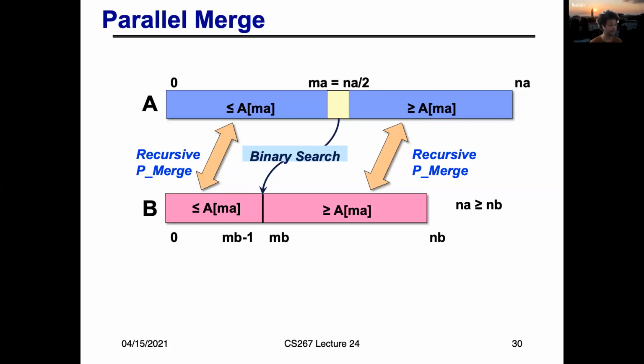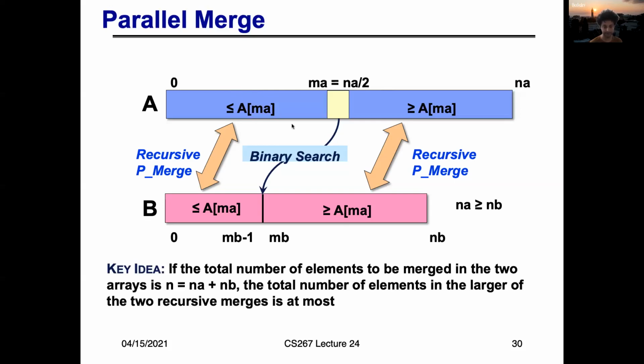How many elements am I able to discard at each step? Actually, I'm not discarding anything because this is not a search problem anymore. I am creating 2 subproblems of different sizes. The question about parallelism is, are they balanced enough so that the solution of my recursion solves to something that I want? And that's what we're going to basically deal with.